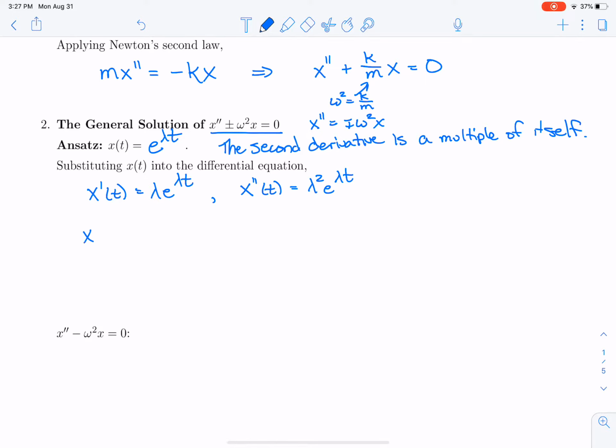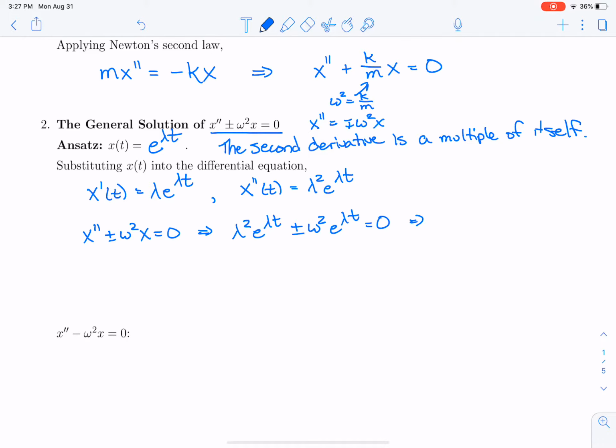So I have x double prime plus or minus omega squared times x is equal to 0. So that tells me that lambda squared e to the lambda t, substituting for the second derivative, plus or minus omega squared e to the lambda t, substituting for x, is equal to 0.